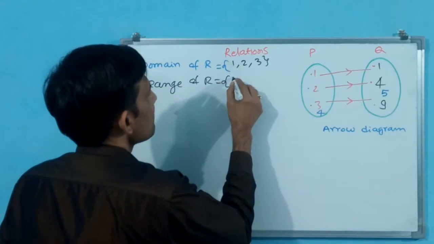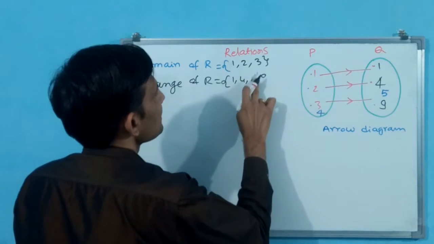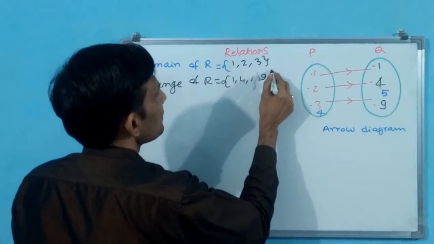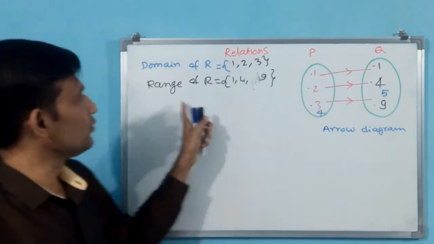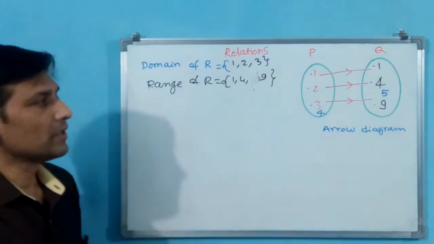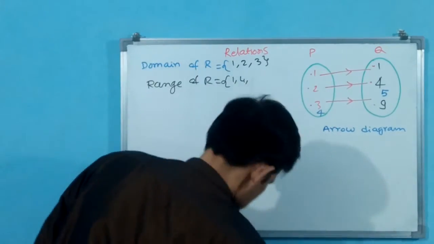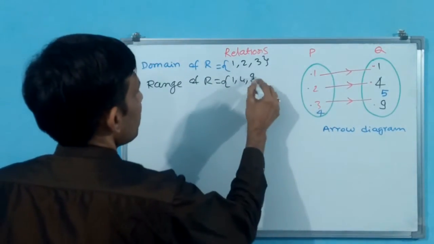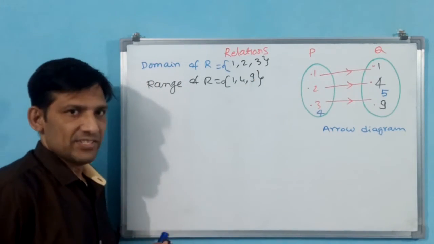You have to take 1, 4, 9 only. That means you should not take 5. 1, 4, 9 is the range.